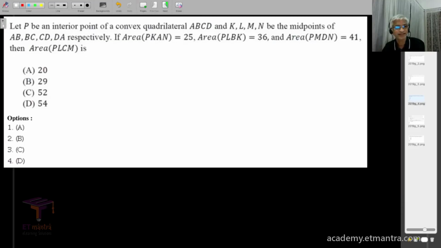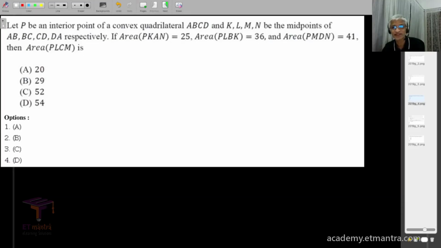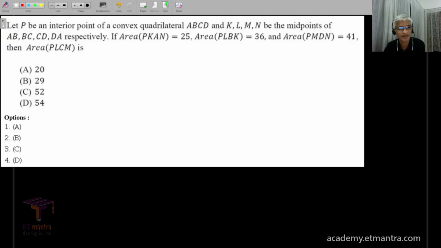Alright, the next problem is also very interesting and easy if you have seen some of the standard properties that we're going to use in this problem. Let me just first solve the problem up front, and then we'll discuss the properties I'm referring to.